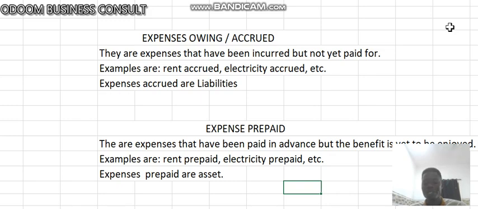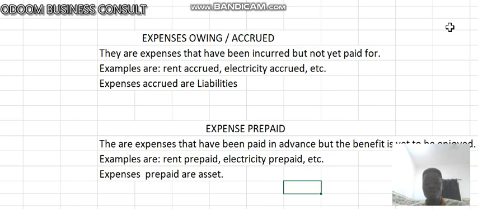It can also be electricity. In this case, you have enjoyed electricity, but you have not paid for the electricity that you have enjoyed. So there is electricity owings or electricity accrued. It can even be salaries. Your workers may have worked for you, but you have not paid them their salary. You can be owing salary for about a month, or 3 or 4 months.